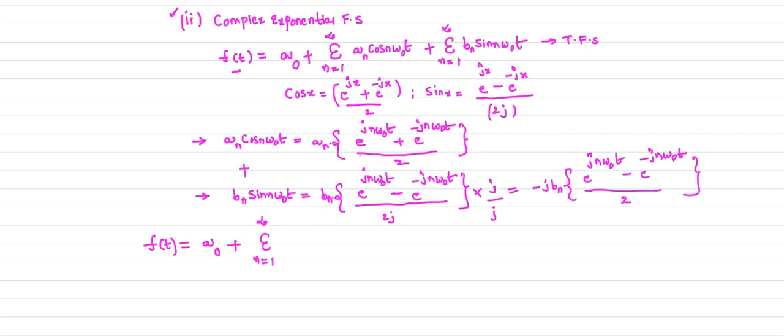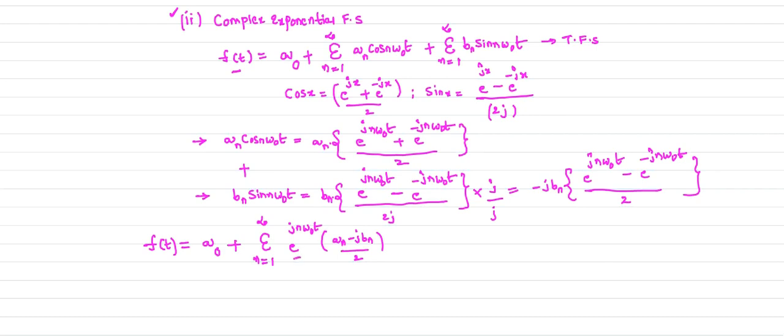Now in these two expressions, e power jn omega naught t is common. So I can take e power jn omega naught t common, so that what is left here is an, and here minus jbn, divided by 2. So that is the remaining thing.